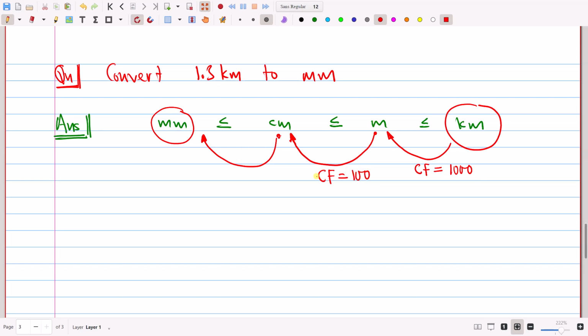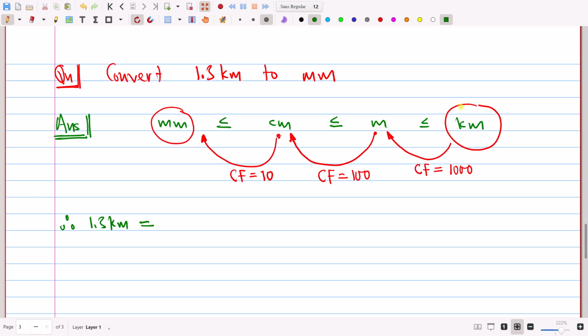The conversion factor between the meter and the centimeter is 100. And the conversion factor between the centimeter and the millimeter is 10. So that's one thing that we know. First I'm going to take my kilometer and convert it to the meter.